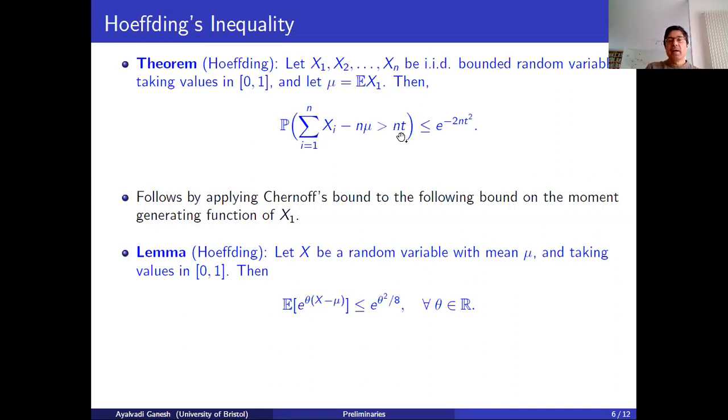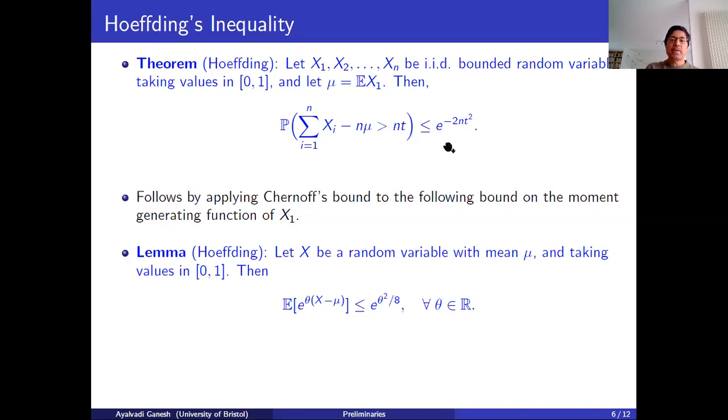Okay, and the theorem says that the probability of this event of the sample mean deviating from its true mean by some constant amount t decays exponentially in n, the number of items in the sample, and the decay rate grows like t squared.